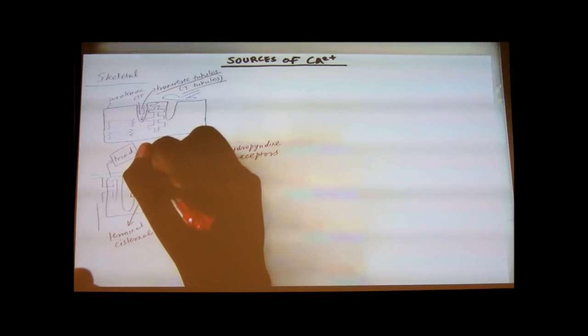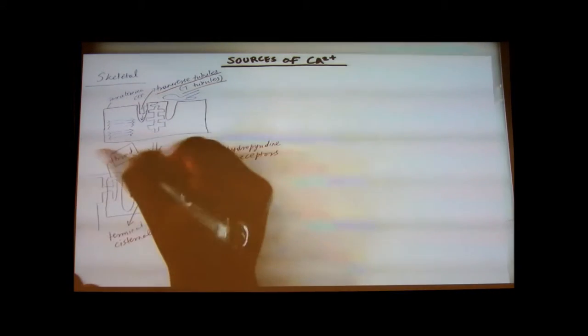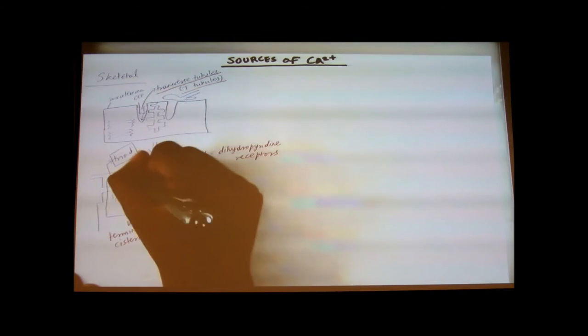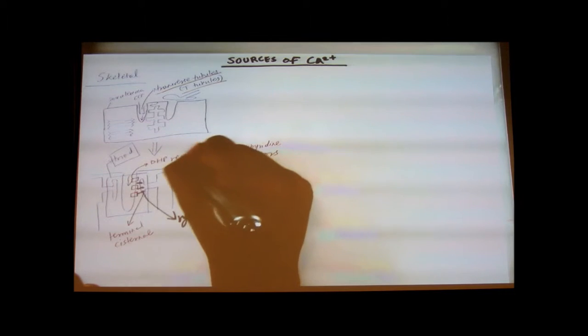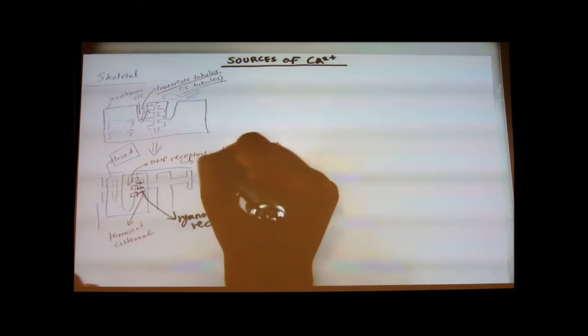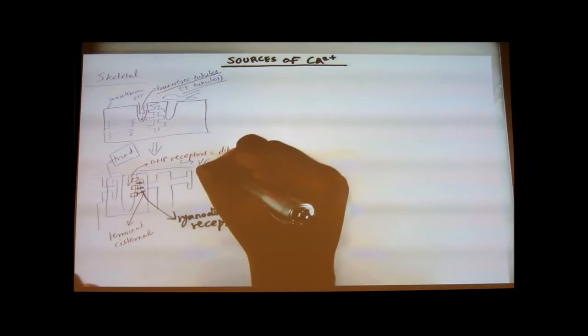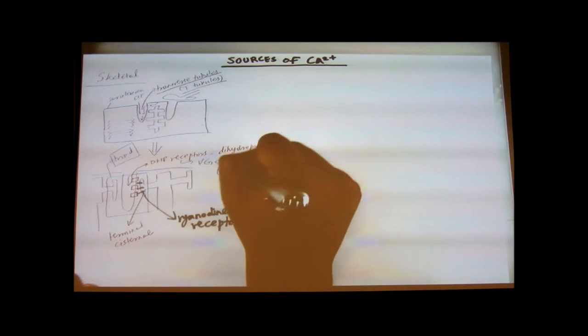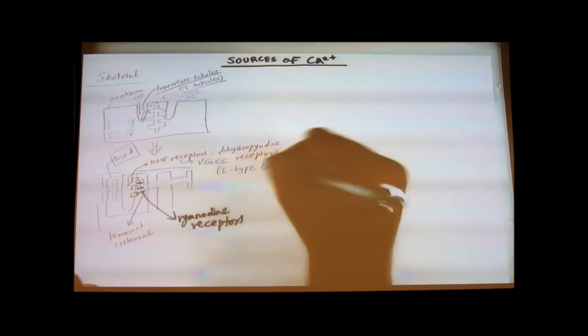once you have the action potential propagating down the T tubule, it opens up these DHP receptors, which are actually voltage-gated calcium channels. And sometimes they're also called L-type calcium channels.